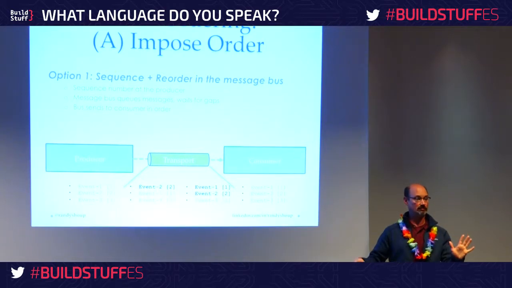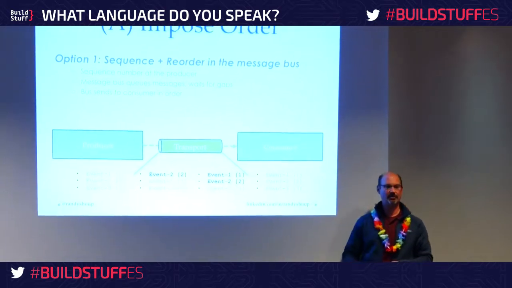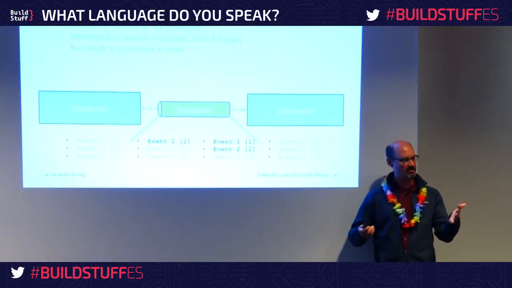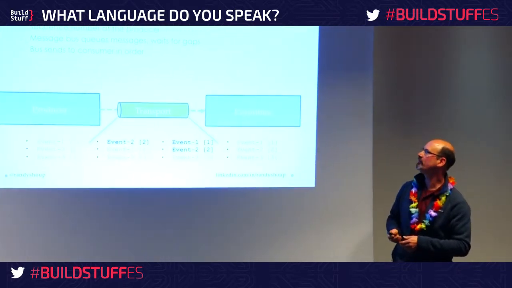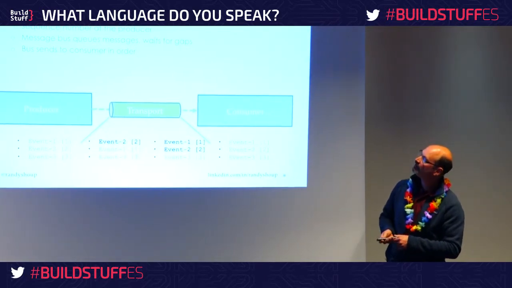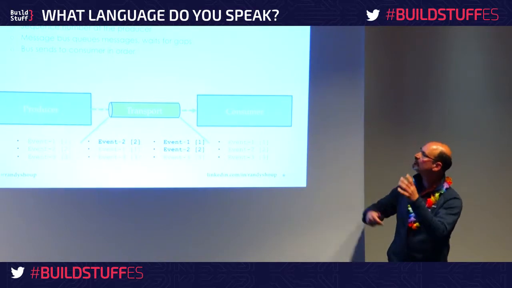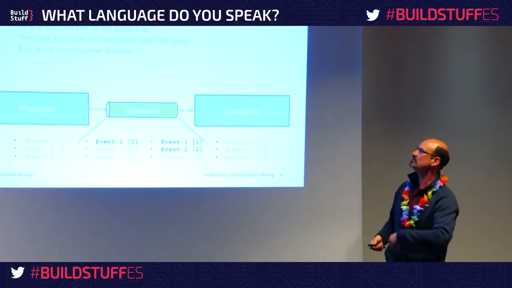That's a legit solution. How does this work? There's no magic, it's just buffering. That's potentially an issue if it takes a long time to get that event. So the message bus is queuing or buffering messages, waits for those gaps to get filled, and the bus sends to the consumer in order.